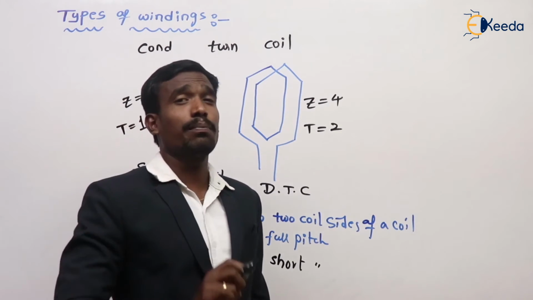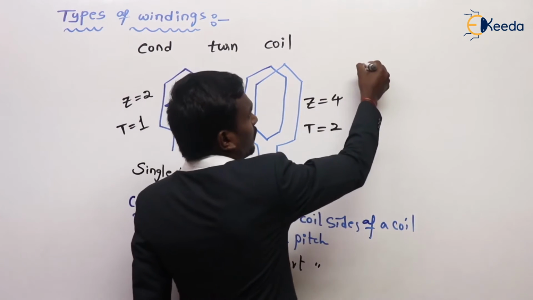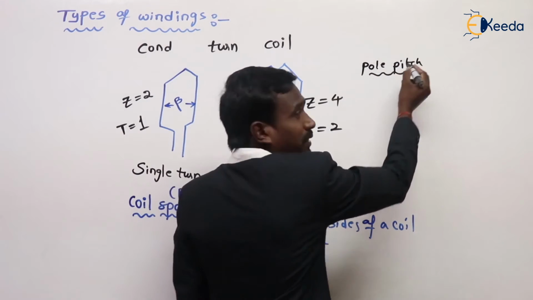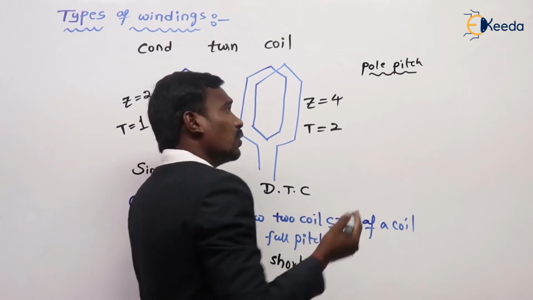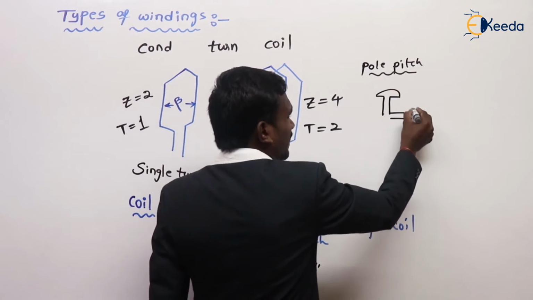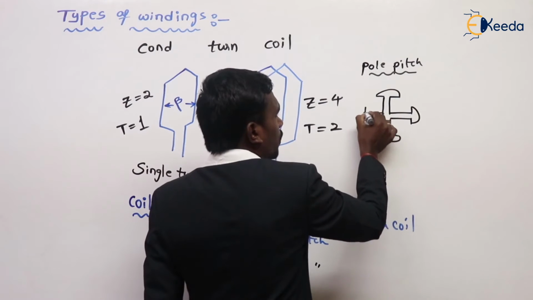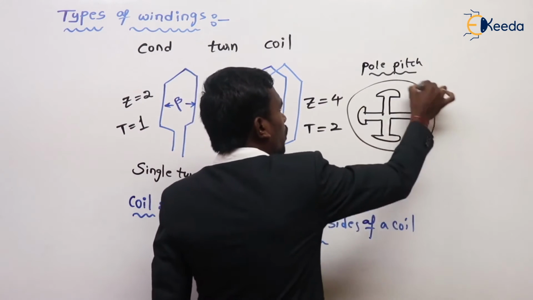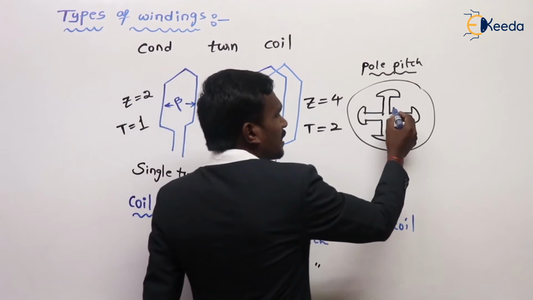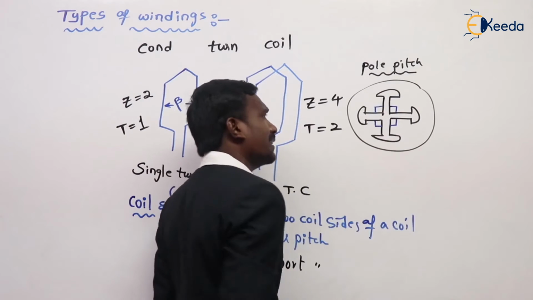Right. Next one, very important: pole pitch. What is pole pitch? Pole pitch is nothing but a distance. For example, I am taking a 4-pole machine like this. Generally, this is 90 degrees, this is 90 degrees, this is 90 degrees, this is 90 degrees.